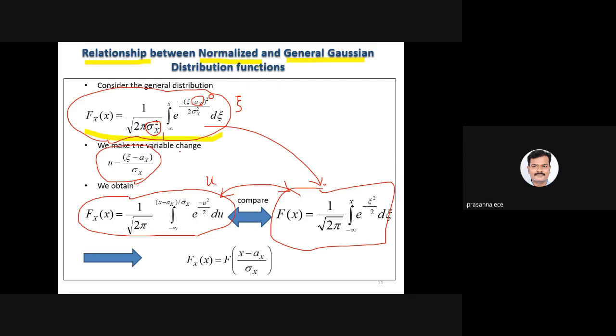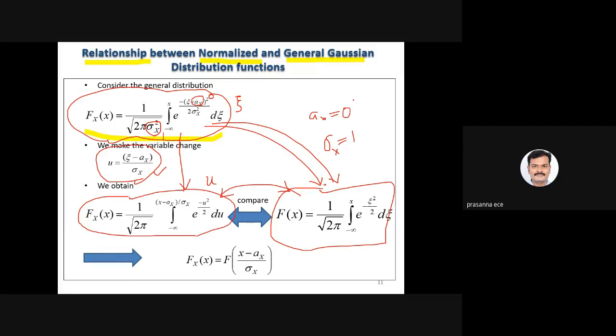See, this we obtained by substitution. From here to here we came by this substitution. From here to here we came by which substitution? Ax equal to 0, and sigma x equal to 1.